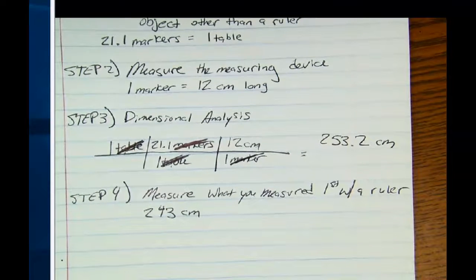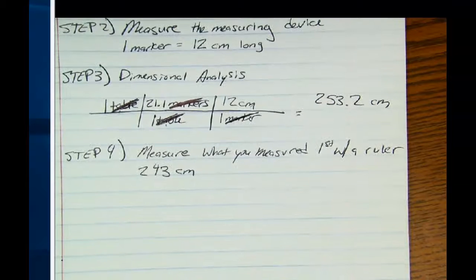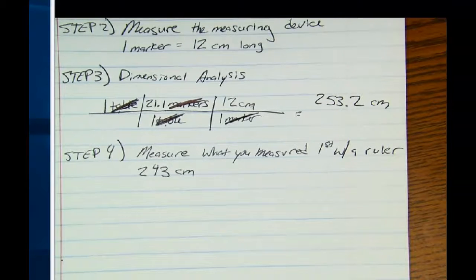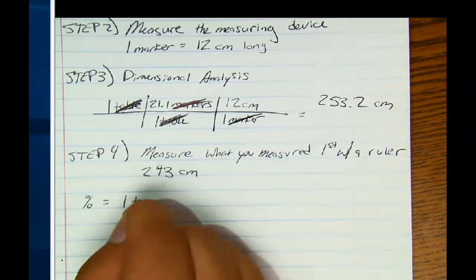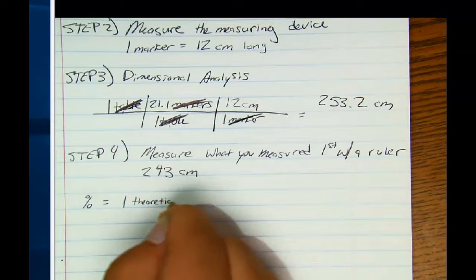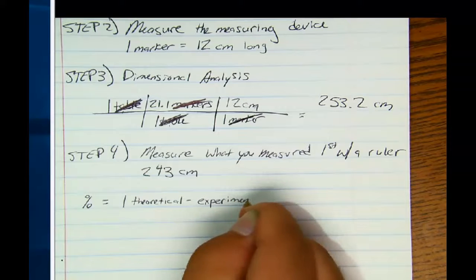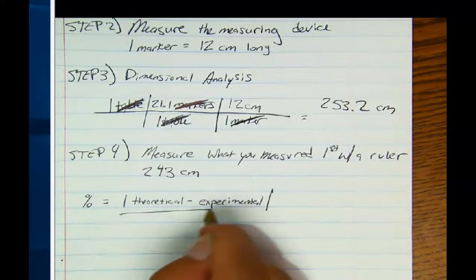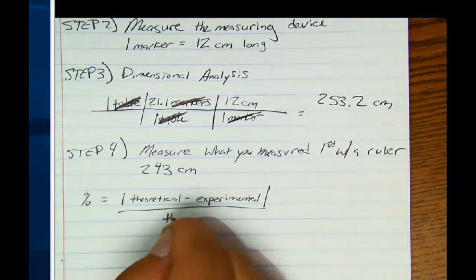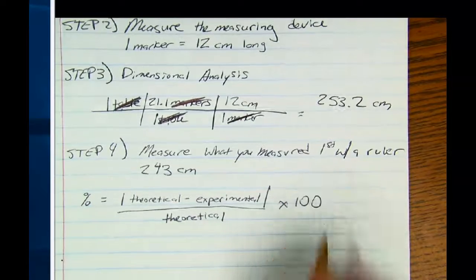All right. And the final thing I want you to do is calculate the percent error. Okay. That's a new equation that we're going to introduce in here. Okay. So percent error is equal to the absolute value of the theoretical minus experimental. Close my absolute value. Divided by the theoretical times 100.